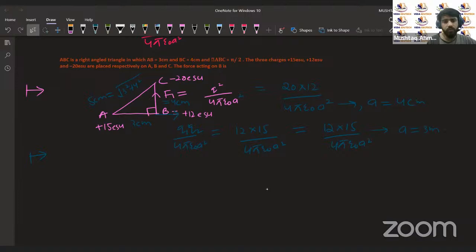Because the two forces are perpendicular to each other, the magnitude of the net force will be under root of F1 square plus F2 square.